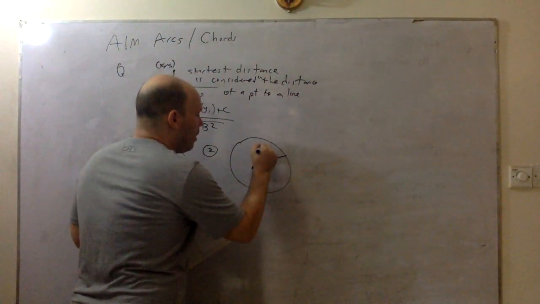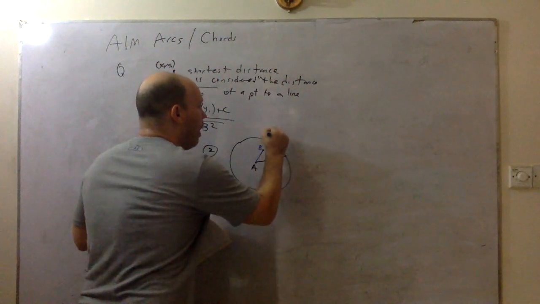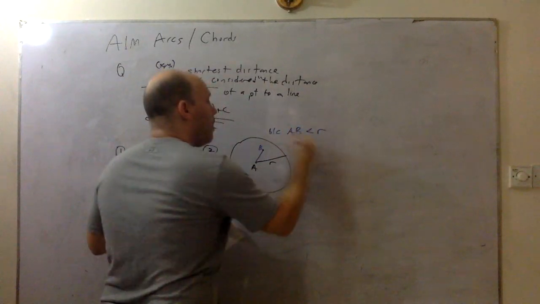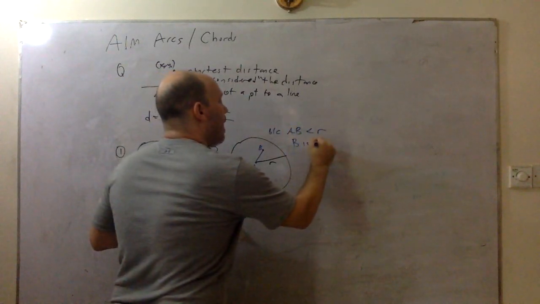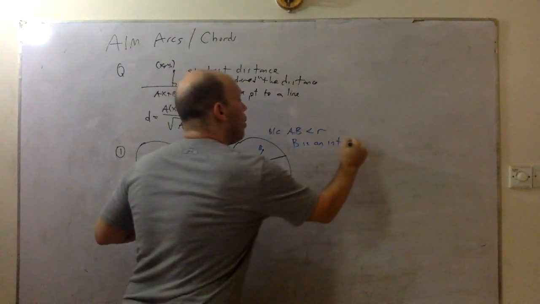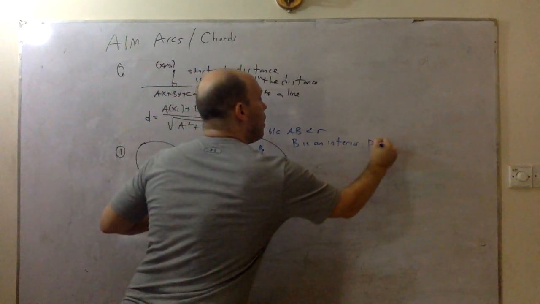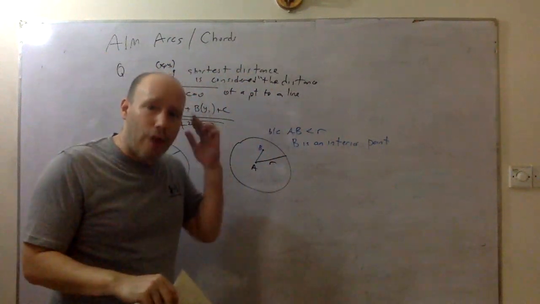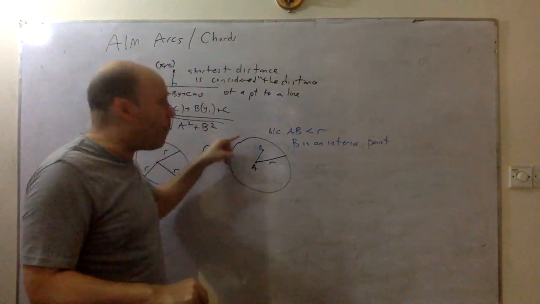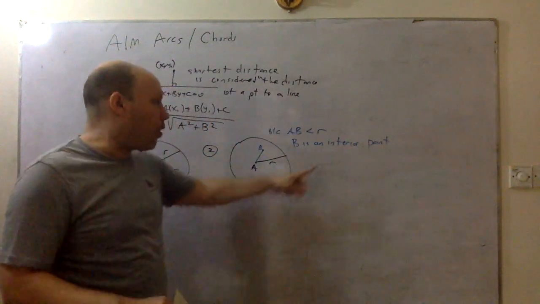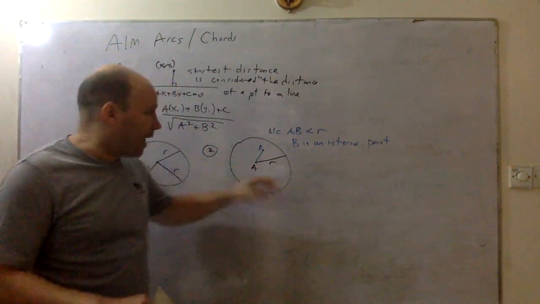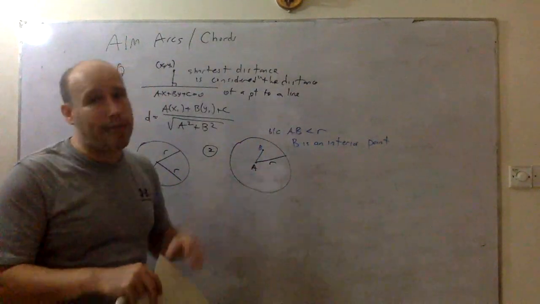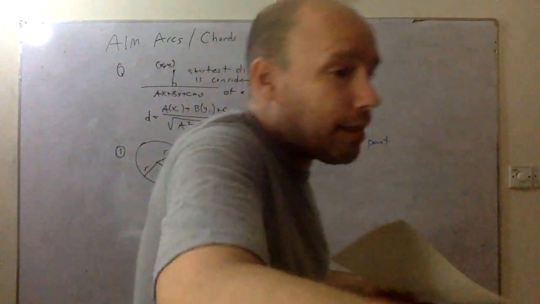Here's point B. Because AB is less than r, B is an interior point. This is a little advanced, but it's just good to know this idea to put it in your head. The radius defines the boundary. And so the word interior is like inside, but once again, because it's less than the fixed radius, we call it the interior.